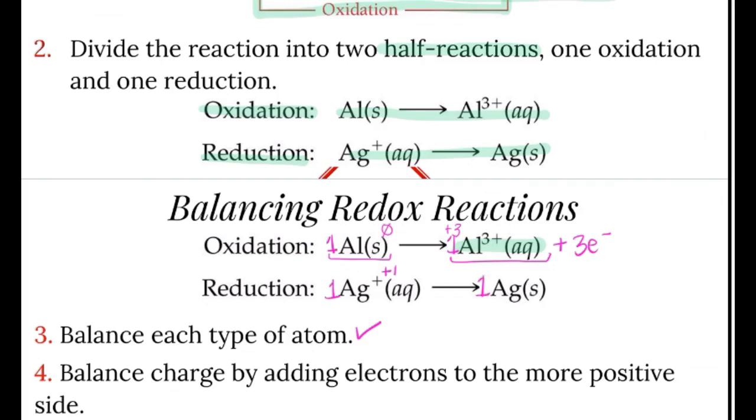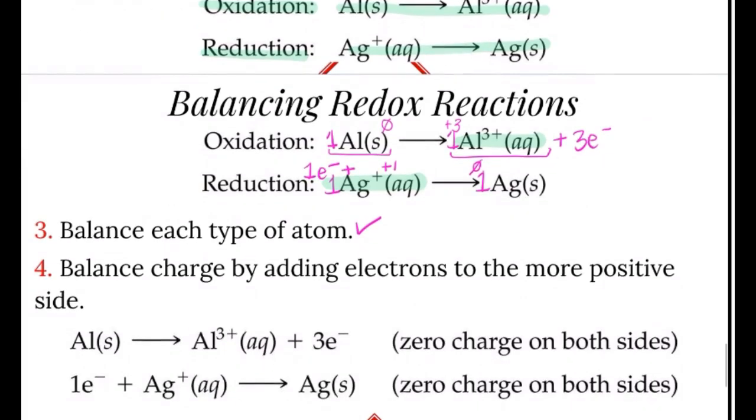charge of +1 on this side and 0 on this side. So the +1 side is the more positive side. And so how much more positive is it? It's 1 more positive, so I'm going to add an electron to the left side. So here you can see that I should have 0 charge on both sides of each reaction.